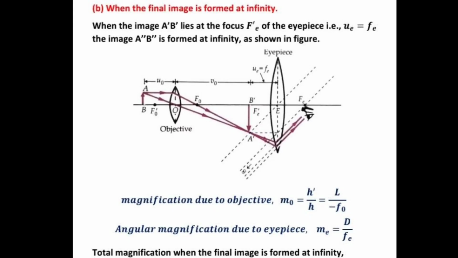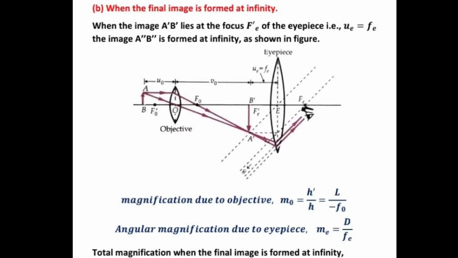Why do we replace the subscript e with an o? Because this is a magnification due to the objective, so we have to follow all the subscripts with the o that denotes the objective. And the angular magnification due to the eyepiece is given by the expression me, that is equal to d upon fe. These expressions we already understood in the previous slides.